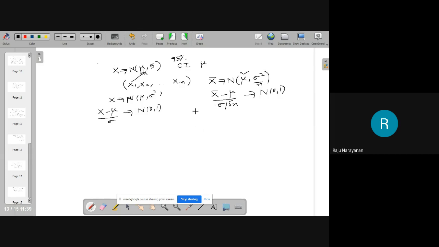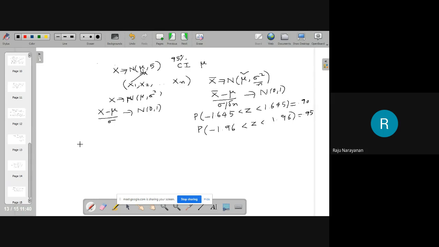Again, yesterday we have seen the probability that minus 1.645 less than Z less than 1.645 is 0.9. Probability that minus 1.96 less than Z less than 1.96 is 0.95.